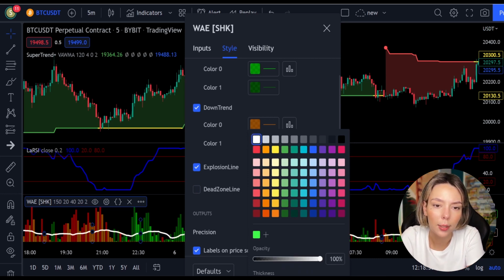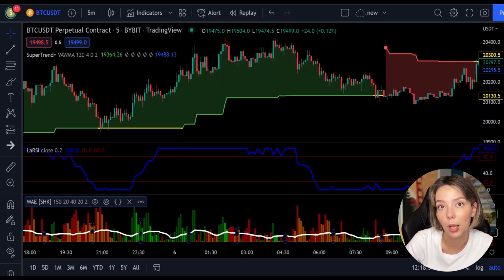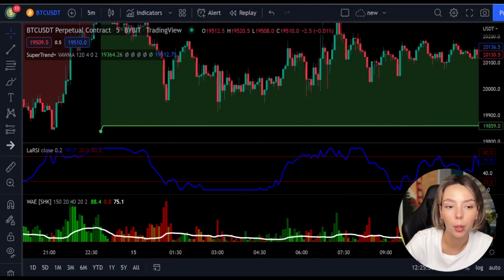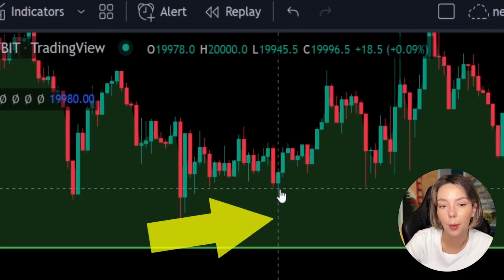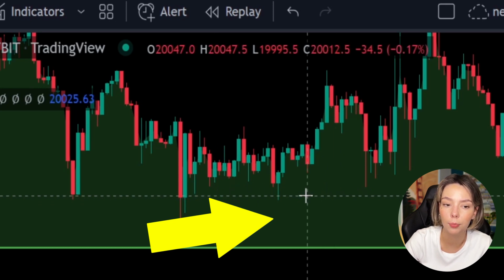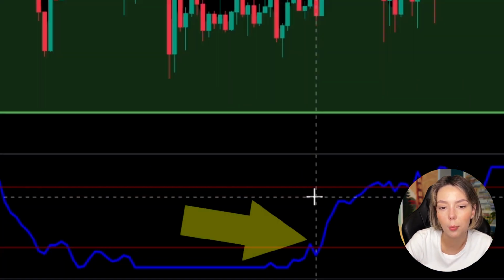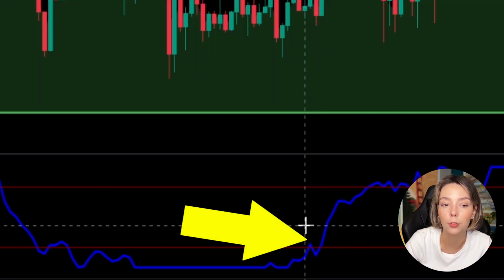Now our charts are set and we can get into the strategy, so let's talk about the rules for entering a long trade. Number 1. The price action should be above the super trend, and the super trend line should be colored in green, like it's here. Number 2. The Laguerre RSI blue line has to cross the lower band from bottom to top, like it's doing right here.